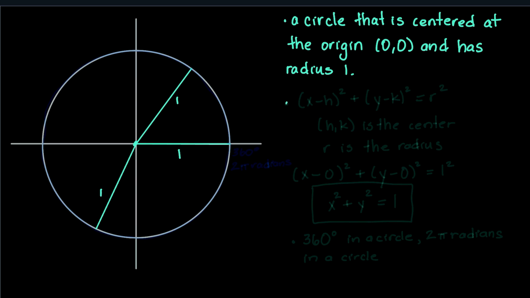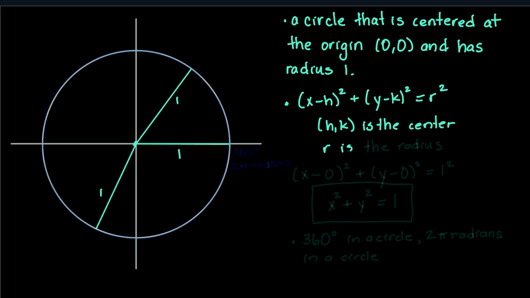Next piece of information is the equation for the unit circle. So the general equation for a circle is (x minus h) squared plus (y minus k) squared is equal to r squared, where (h, k) is the center and r is the radius.